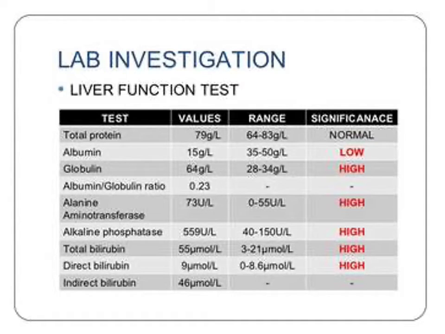You see that inside the normal total protein range, we have a decreased albumin and increased globulin concentration. The alanine aminotransferase concentration increases because the integrity of the hepatocytes is weak, and therefore the enzyme can get out into the blood, and the bilirubin also.